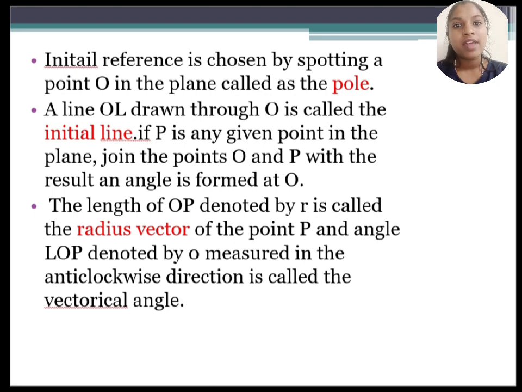If P is any given point in the plane, join O to P. As a result, an angle is formed at O. The length of OP, denoted by r, is called the radius vector of the point P, and the angle LOP, denoted by theta, measured in the anticlockwise direction, is called the vectorial angle.